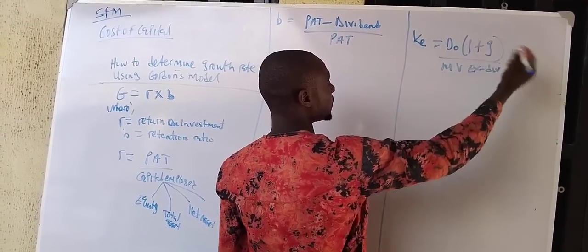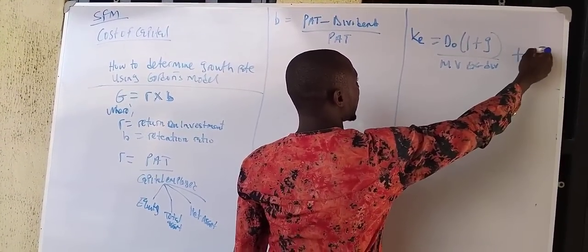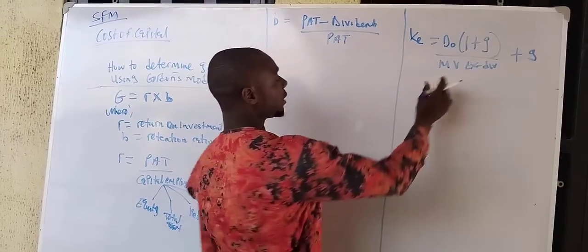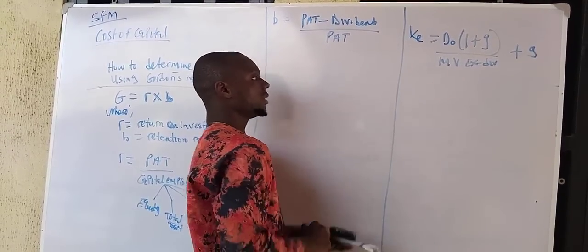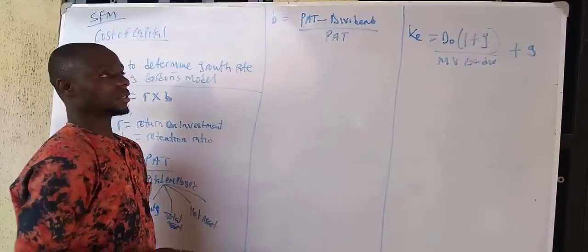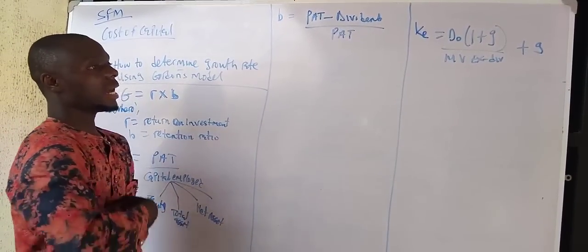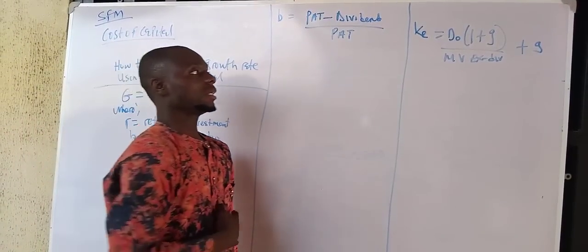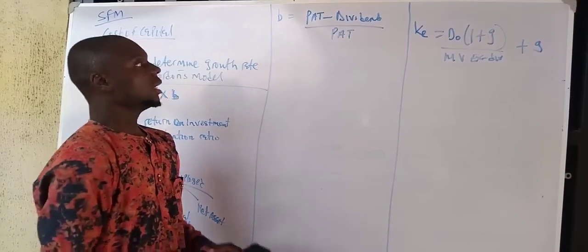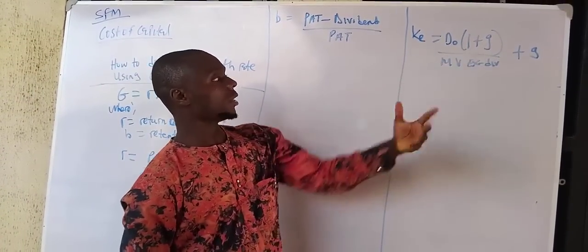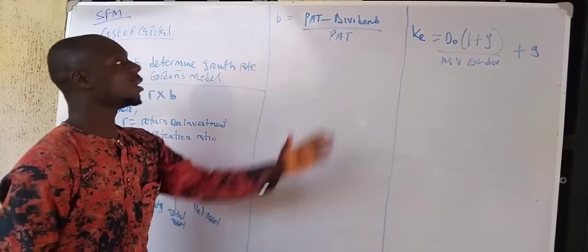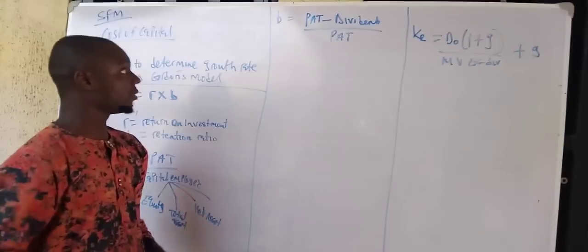I've explained this in my last video. Market value ex-div means that the dividend has been paid. So this D0 is the current dividend.